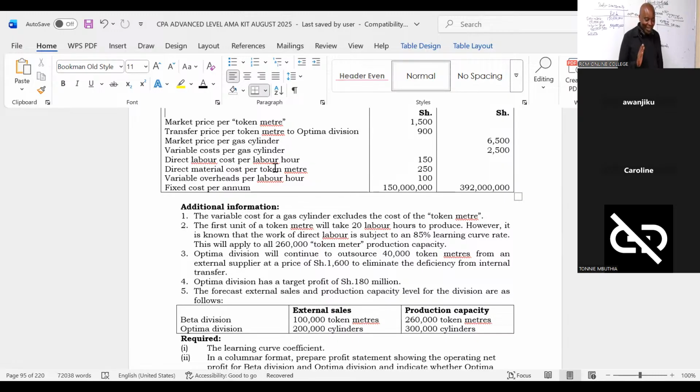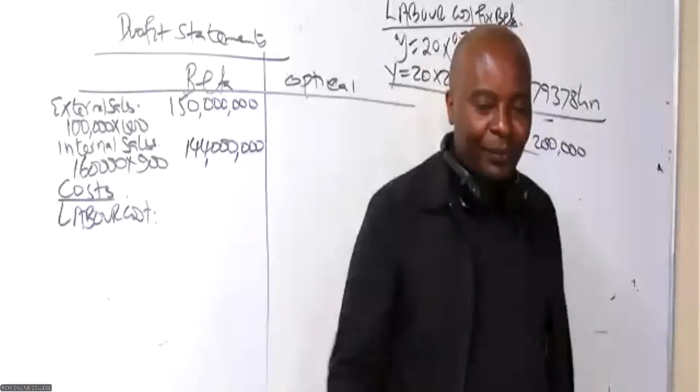Optica. The very first expenditure applicable to beta is which one? Direct labor cost, isn't it? Yeah. So give me labor cost. And labor cost, of course, you shall take something times something. I'll take 150 per labor hour times the number of hours.